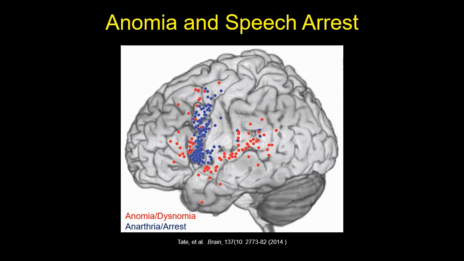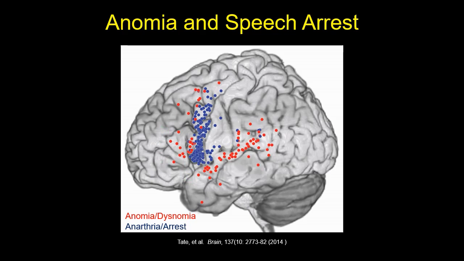Shown here is a distribution of all positive sites in a large series of low-grade glioma patients undergoing awake surgery with direct electrical stimulation. Of note, the overwhelming majority of anarthria and overt speech arrests localizes to the inferior portion of the precentral gyrus just above the sylvian fissure and not within Broca's area.